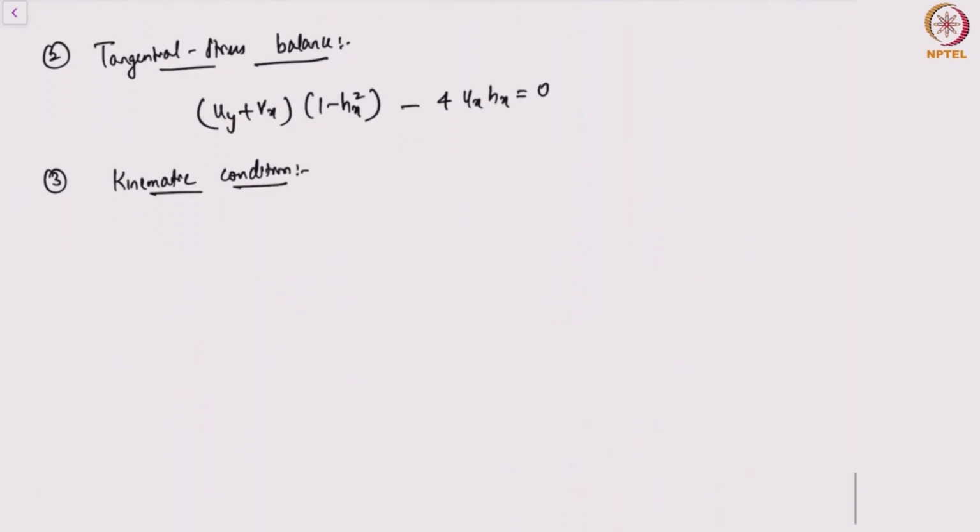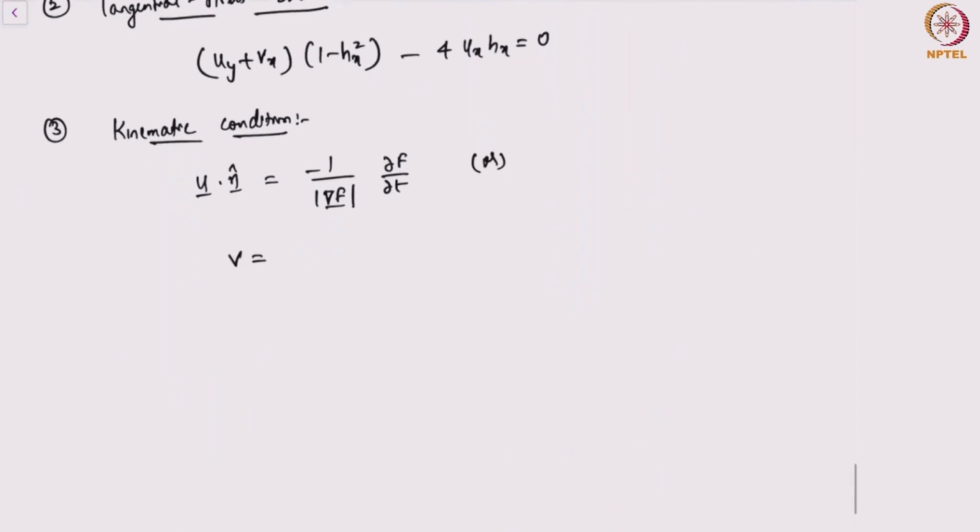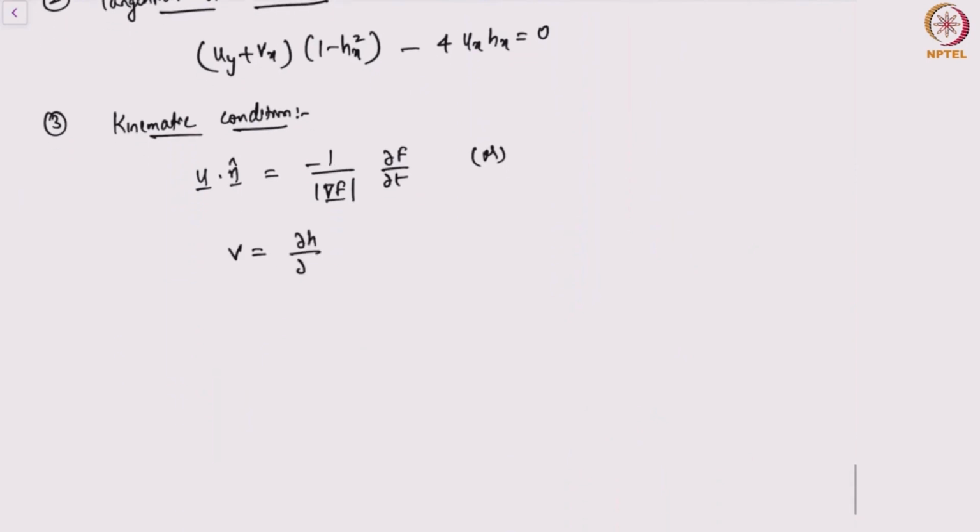We have u dot n at the interface will be minus 1 by grad f times del f by del t, or a more convenient way to do this is the vertical velocity of the interface will be del h by del t plus u del h by del x, right?